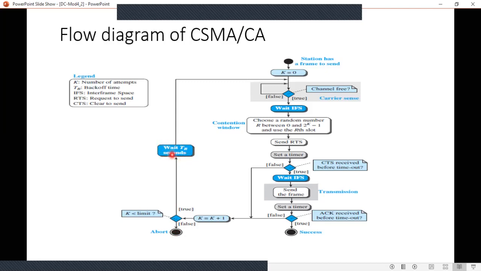Usually TB is given by R times either the maximum propagation time or R times the average frame transmission time. And then back to the persistence procedures: check if the channel is idle or not.